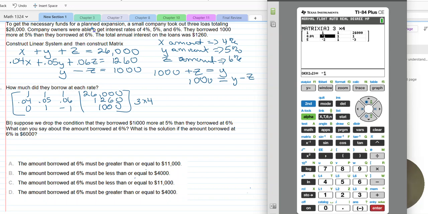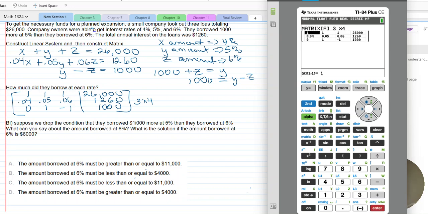Sometimes my calculator misses a dot and I don't catch it. That one is 1,060. And then we have 0, 1, -1, 1,000.